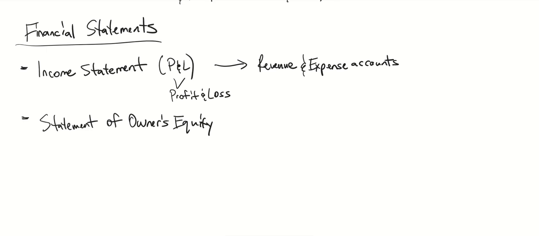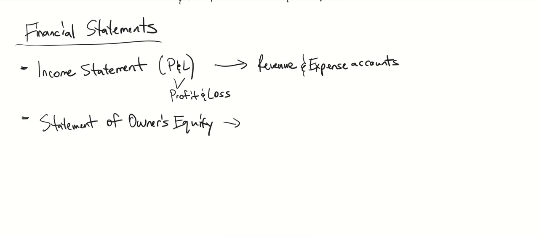The statement of retained earnings is used by big organizations that have a multitude of investors owning and controlling that business. In this case, I'm using the statement of owner's equity because we're focused on one owner, one person that owns a whole business. So the statement of owner's equity does show the beginning capital balance.